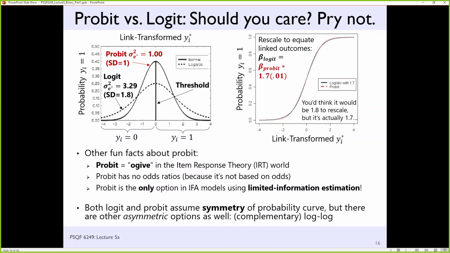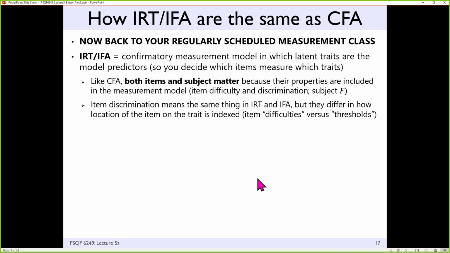What am I supposed to do about it if my pretend variable doesn't follow the assumed distribution? How am I going to fix that in life? So I wouldn't worry about it, but I do want to sort of tell you why things are the way they are and what's motivating them. It comes from this 1.7 being the translation between logits and probits, ogives, excuse me.